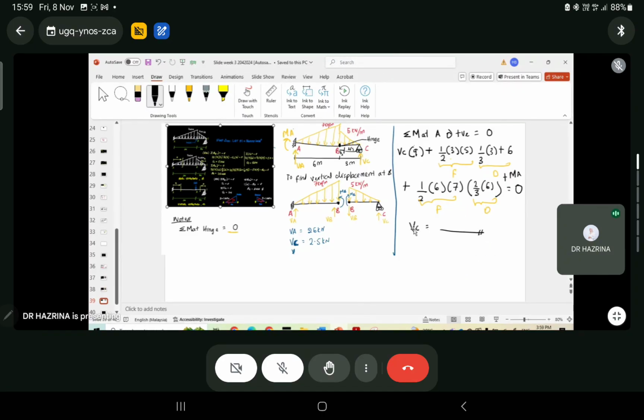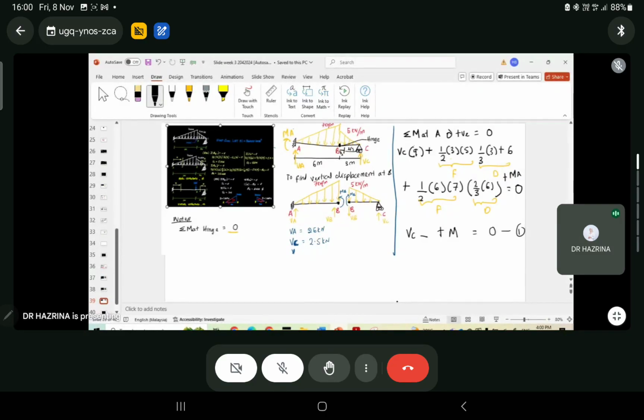So, kita dalam equation ni, you akan ada equation VC dengan you akan ada equation MA. Alright, so in this particular case, dalam this equation, you akan ada VC something plus MA equals to 0. So, you dapat dalam satu equation macam tu. So, bila you dah dapat dalam equation macam ni, what you can do, okay, then you can make use of your hinge.